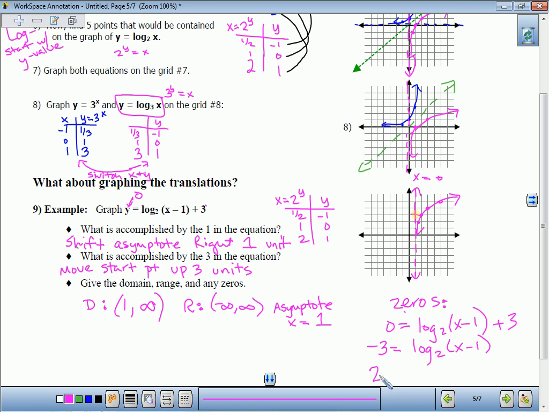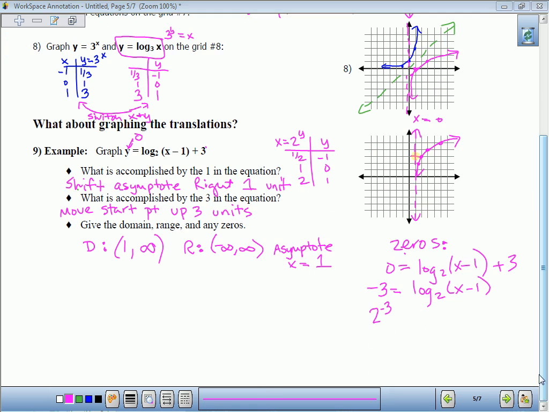And then my base is 2, so I would switch forms, and it would become 2 to the negative 3 equals x minus 1. Well, that's 1/8. And when we add 1 to both sides, we get 1 and 1/8 is our 0. Okay, so to find the 0, you set the y value equal to 0 and solve.